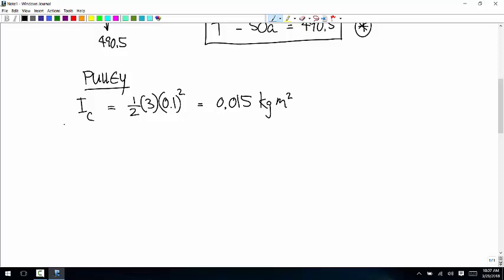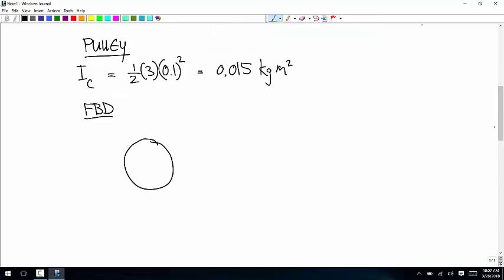Okay. And so we got this, and now free body diagram. What do we have? We have the reaction force from the pin.